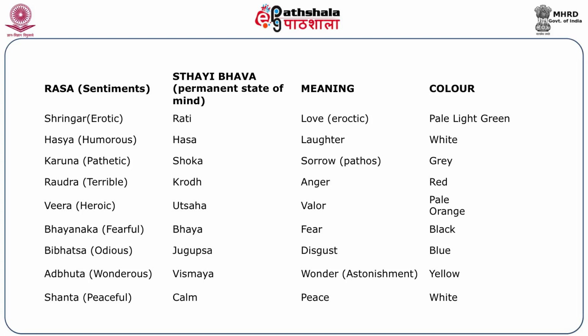Sorrow, anger, valor, fear, disgust, wonder, peace, all these things are in our mind, but they come out according to the situation. And with love, when the expression of love is shown, the emotion arises in the audience, and that is the essence of it they will enjoy.